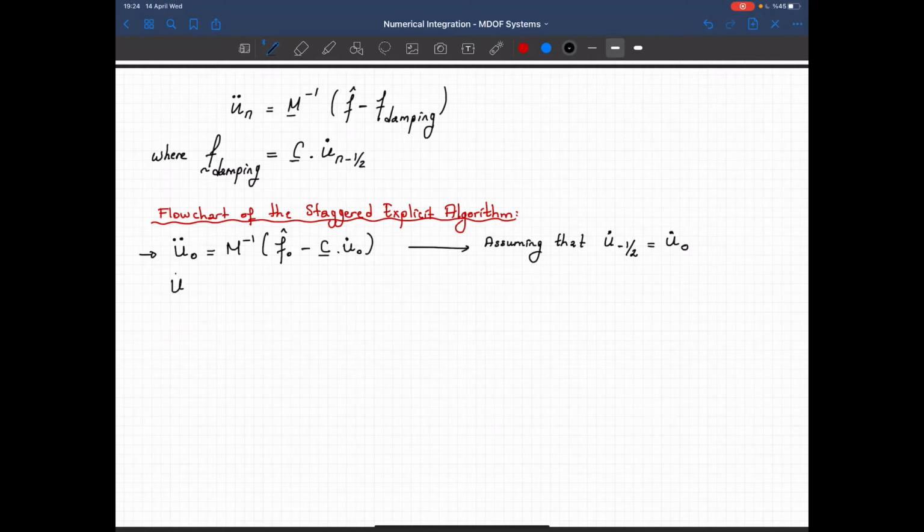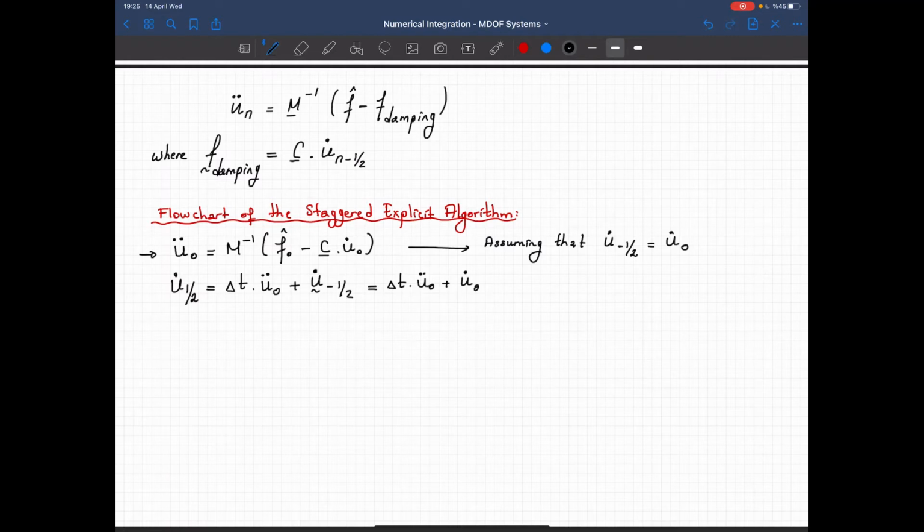Now I'm calculating the velocity at the next half time step, which will be equal to delta t multiplied by u double dot 0 plus u dot minus 1/2, or basically we can say that's equal to delta t times u double dot 0 plus u dot 0.